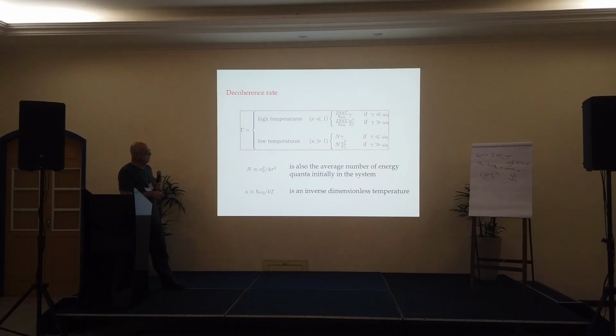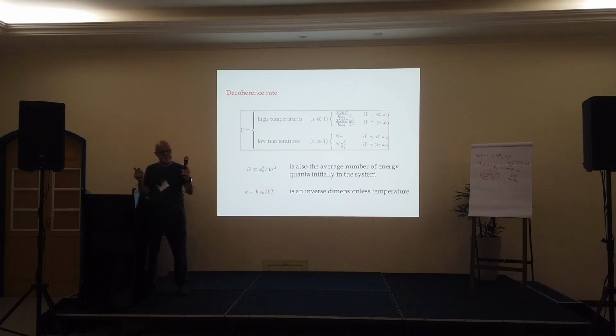For low temperatures, it's easier to see that this guy is really n times gamma, where n can be very large, or n times omega naught squared by 2 gamma for extremely overdamped systems. And then there's also an influence of temperature in these two cases, for temperatures such that h bar omega naught is much less than k T. And then this n is basically the measure of the distance between these two centers of the packets in units of their width.